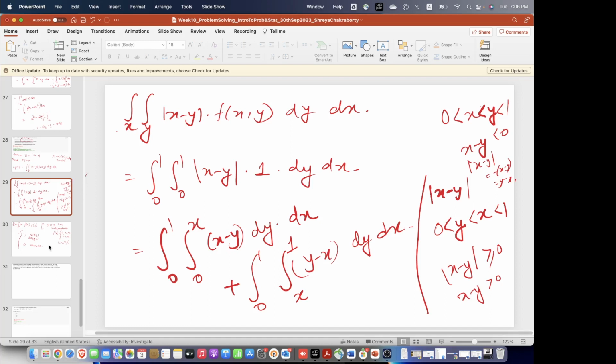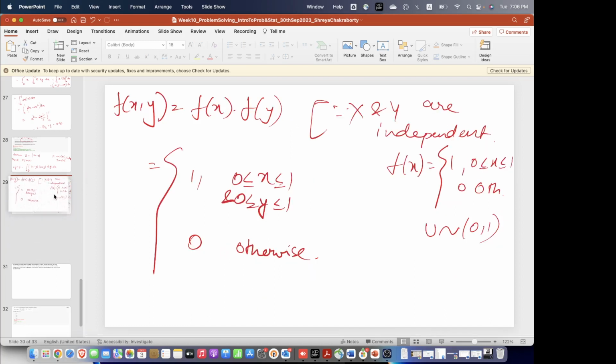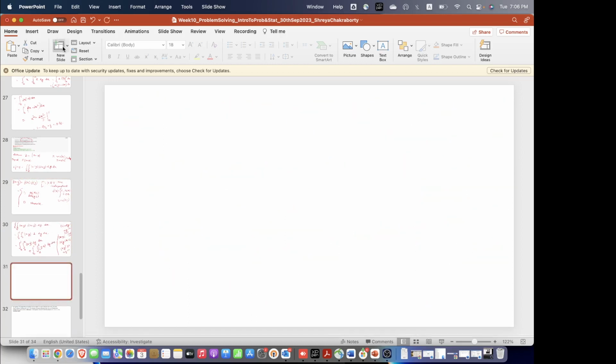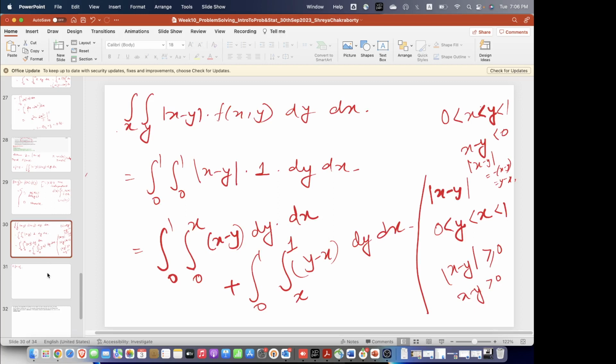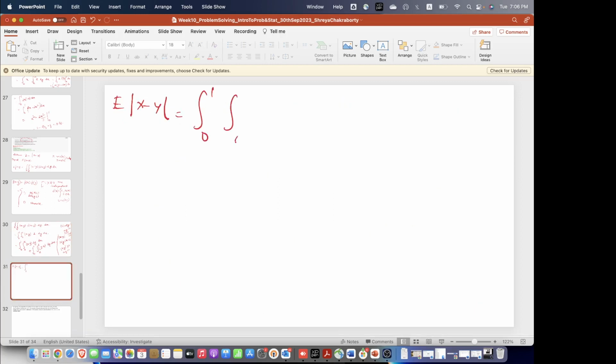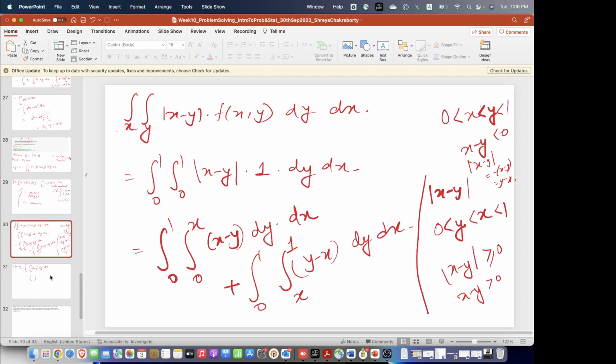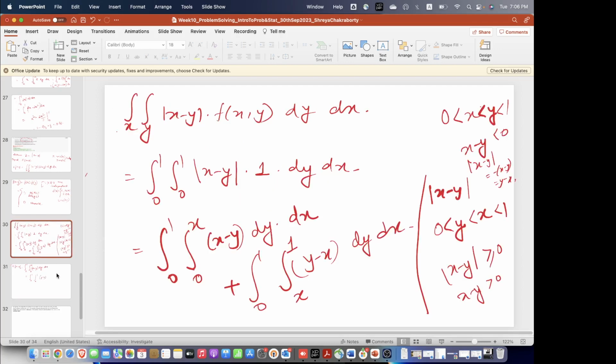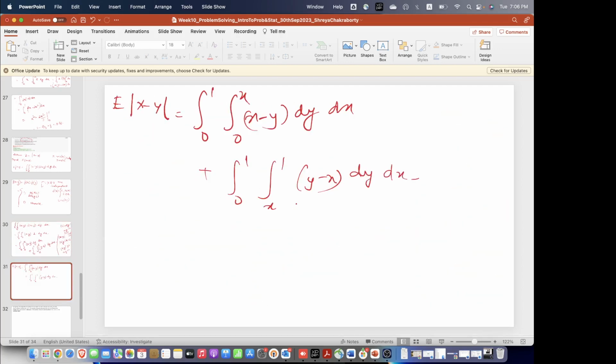So now we have nothing else to do other than to solve. I'll write this down once again. So here we have x minus y equal to the integral from 0 to 1, 0 to x, x minus y dy dx, plus the integral from 0 to 1, x to 1, y minus x dy dx.